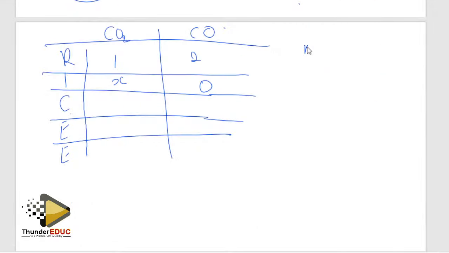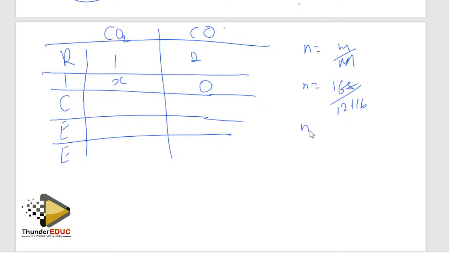Carbon monoxide number of moles is equal to mass over molar mass, so the number of moles is going to be the mass over the molar mass of carbon monoxide, which is 12 plus 16. You understand? So which gives me 28.